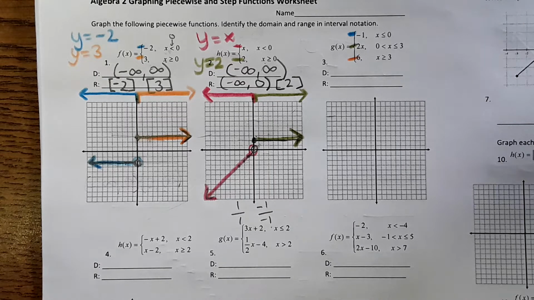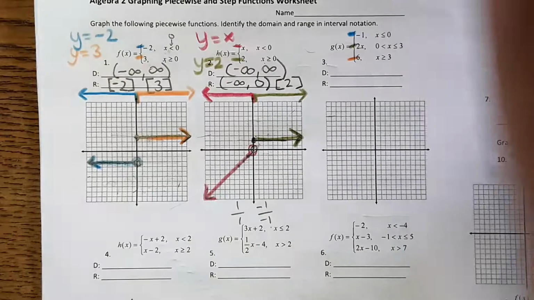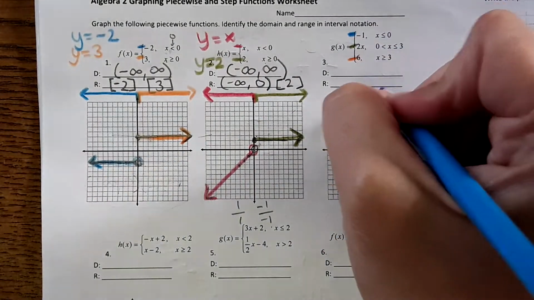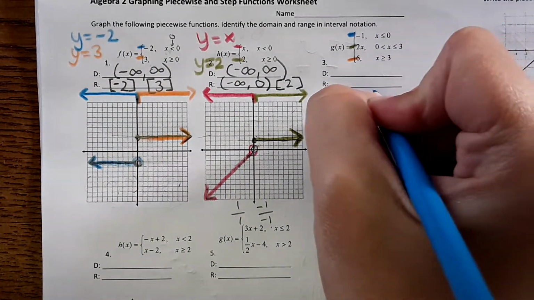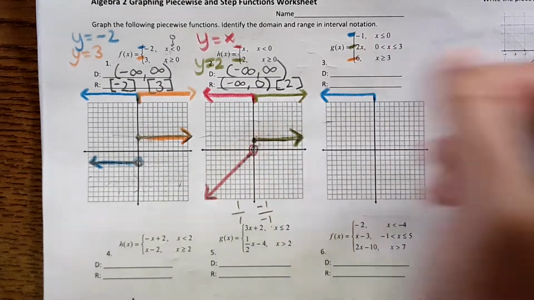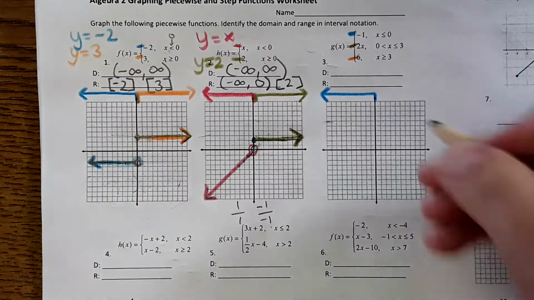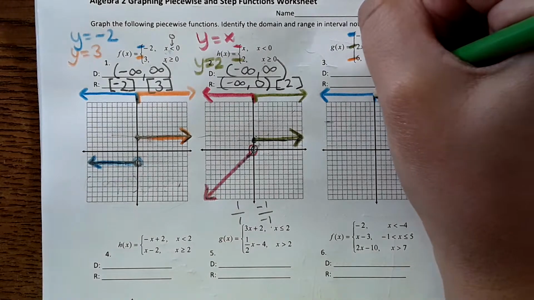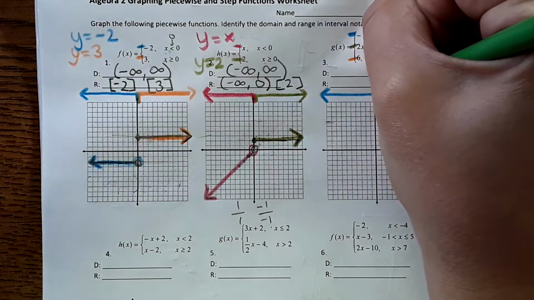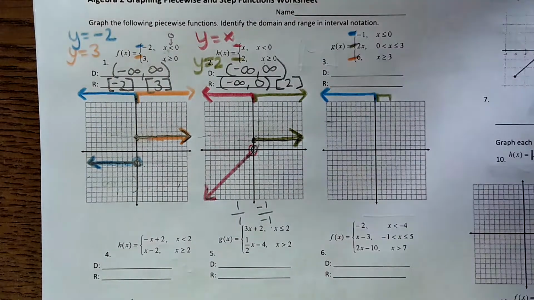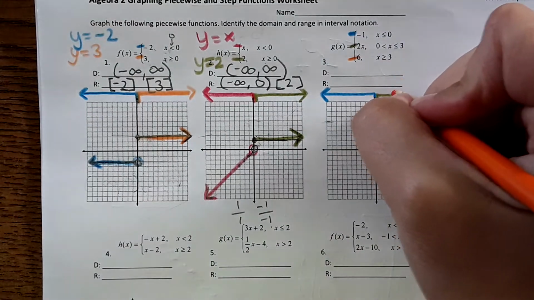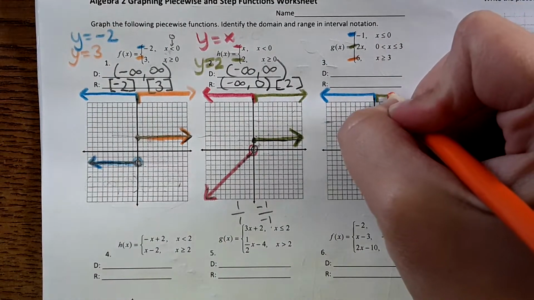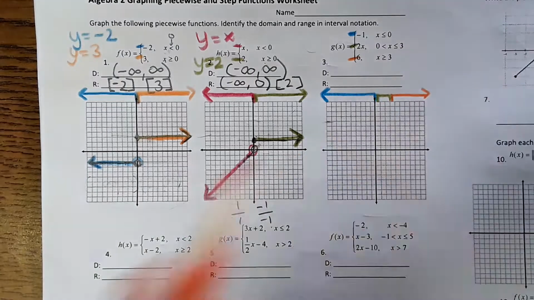Okay, now I'm going to section it off. Blue is x less than or equal to 0. Green is from 0 to 3. And orange is x is greater than or equal to 3, this way.